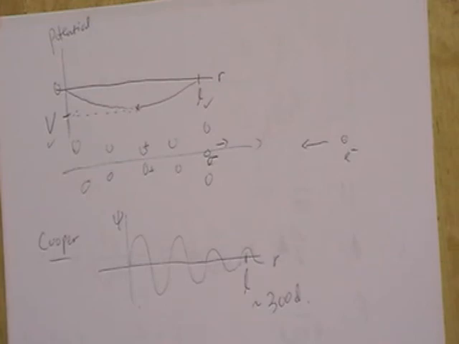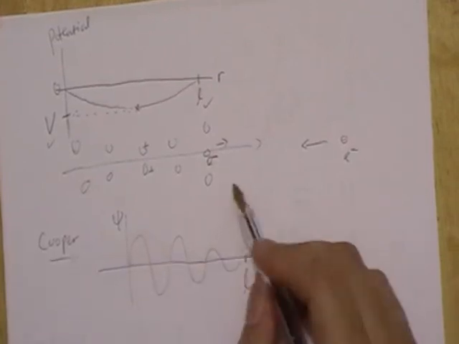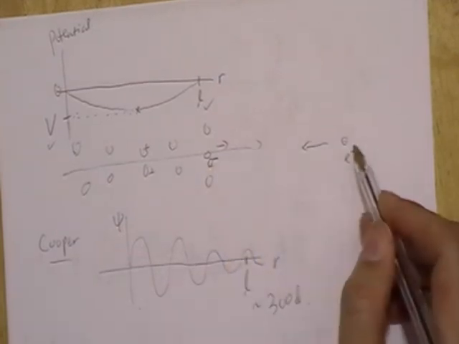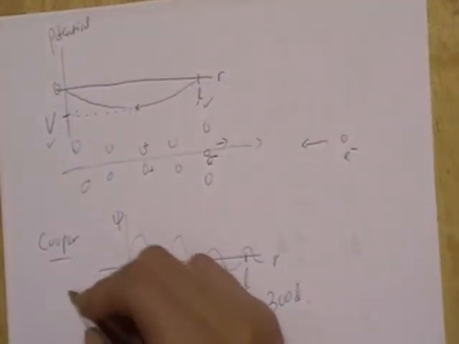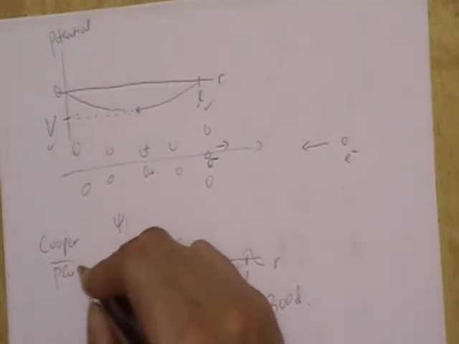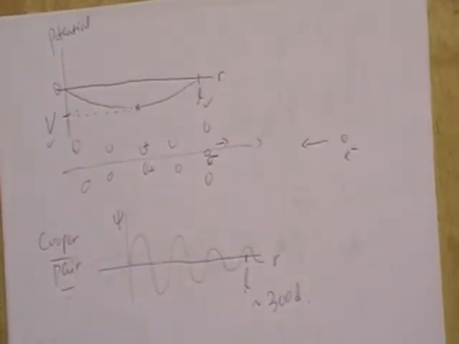So in effect, it is a wave function for these two electrons. In other words, it's the wave function for the Cooper pair.